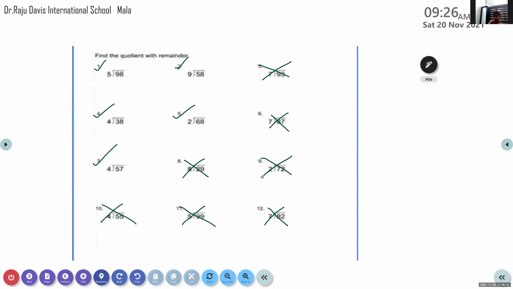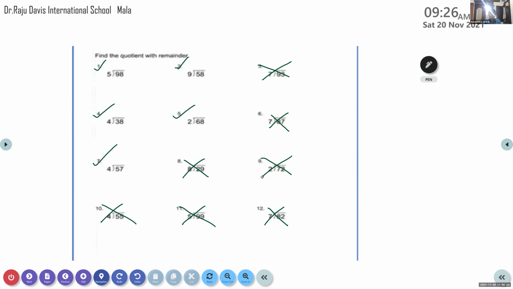This also. 98 divided by 5, 58 divided by 9, 38 divided by 4, 68 divided by 2, and 57 divided by 4. Tables of 4, tables of 2, table of 5, and table of 9.